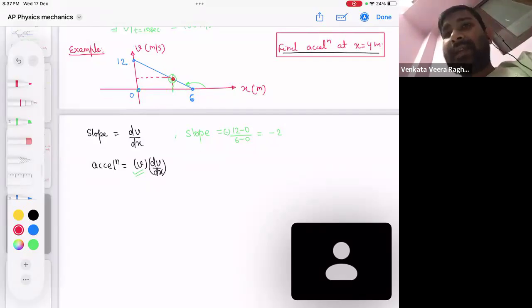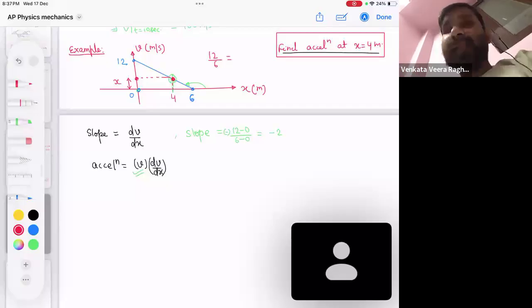Can I write 12 divided by 6 equal to, let's say this coordinate has some value, let's say this value is x, and this is x equal to 4. So can I write 12, the bigger side, divided by the bigger triangle side 6, equal to x divided by 2?